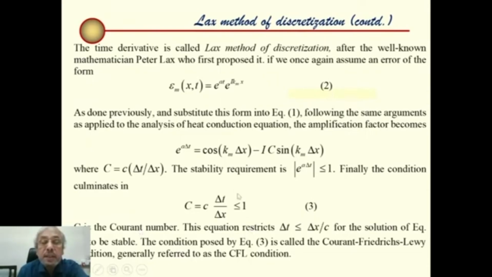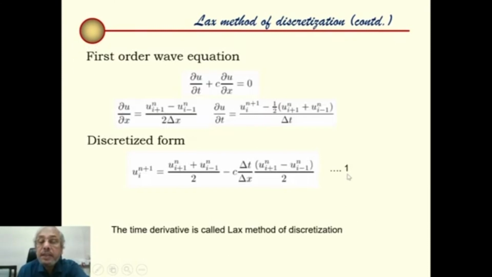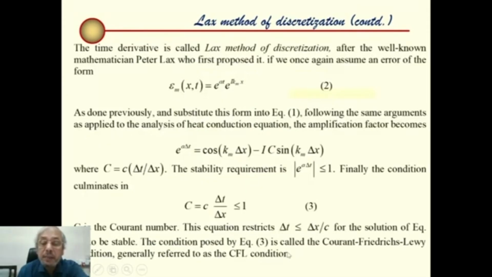This equation actually restricts Δt. If cΔt/Δx has to be less than 1, it poses a condition on Δt. That means Δt has to be less than Δx/c, and that will make the solution of this equation stable. That is the stability requirement.